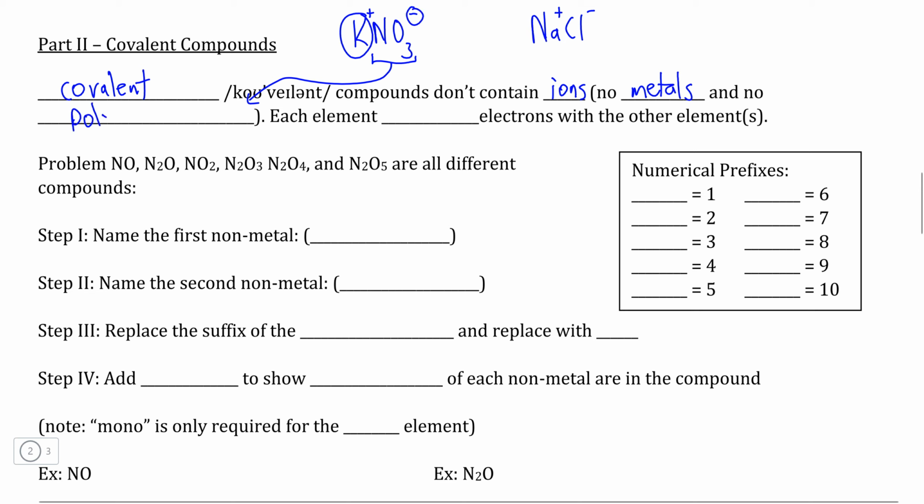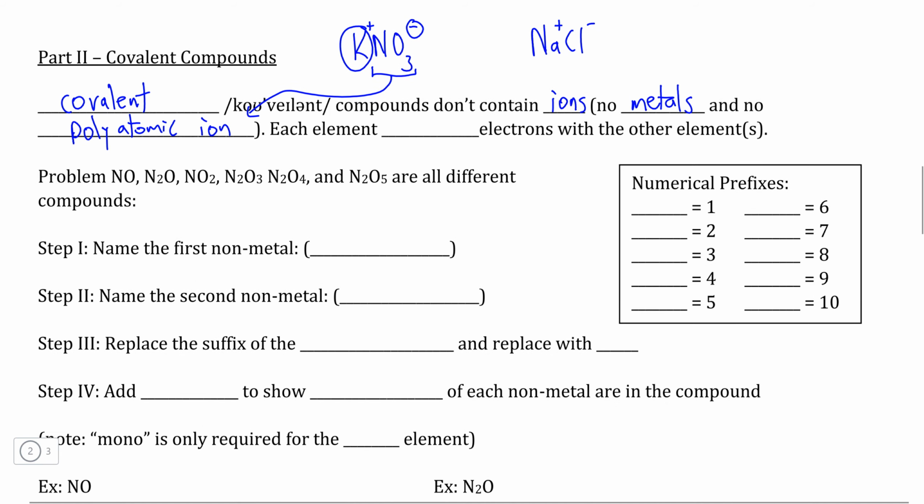This is a type of ion that we call a polyatomic ion, but again, since covalent compounds are not ionic, the presence of a polyatomic ion like this will mean that it isn't a covalent compound.